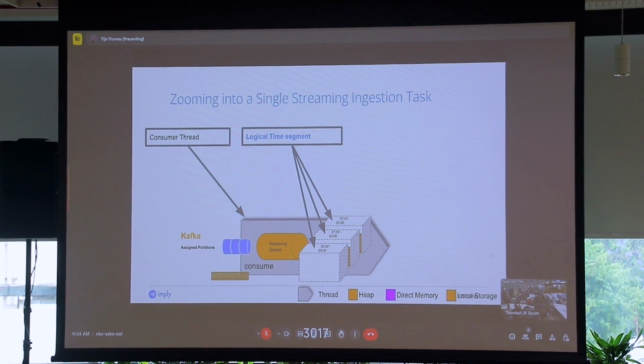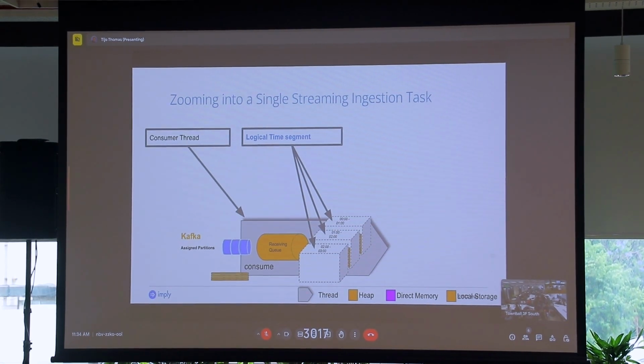That primary partition, if you remember, and also attended my previous session, is partitioned based on time. That's how Druid stores the data internally, based on time. Let's say your segment granularity is at day level, it's split at day level and kept in memory. So logically there are multiple partitions within the memory, and that is handled by what is called a logical time segment.